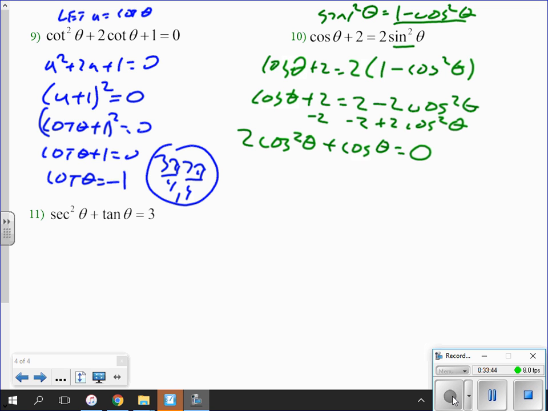Pull out the common factor. I have cosine squared and I have cosine. Here I have 2 cosines, there I have 1 cosine. Pull out a cosine. Cosine theta times (2 cosine theta plus 1) is equal to 0.